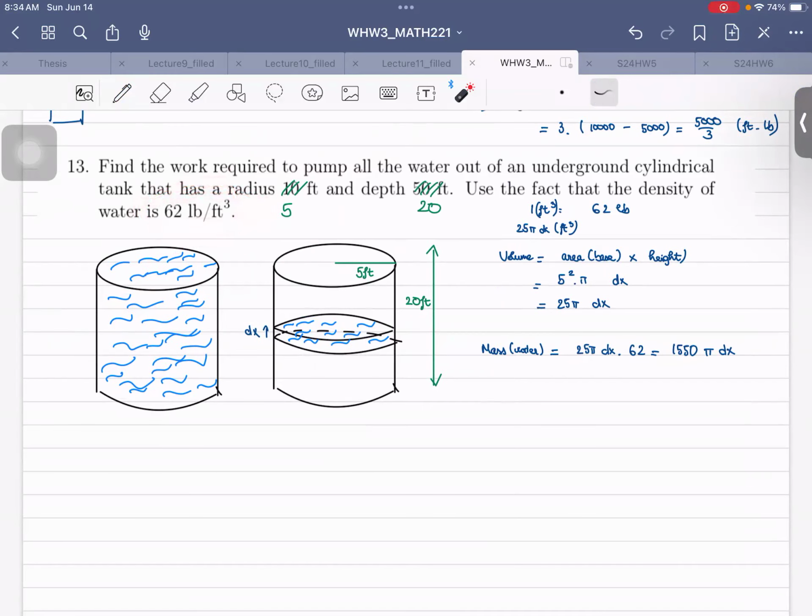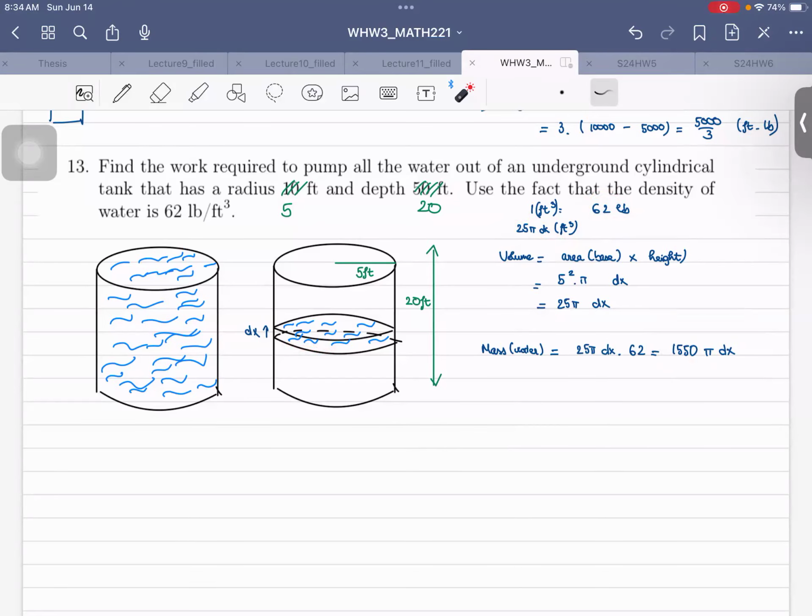The question says the density of water is 62 pounds per cubic foot. So for each unit of volume, it weighs 62 pounds, and now you have this amount of volume, so you take 25 pi dx times 62. So this is the weight for each layer of water.